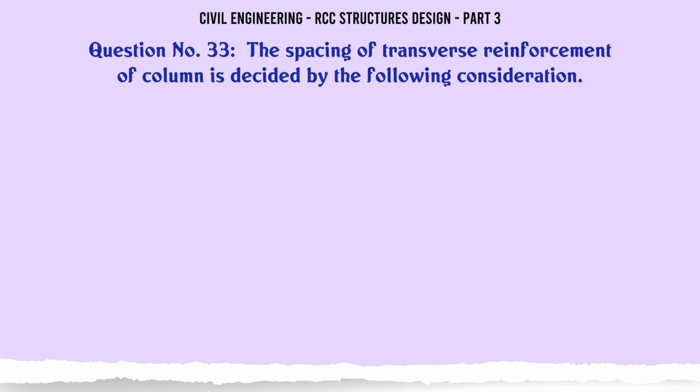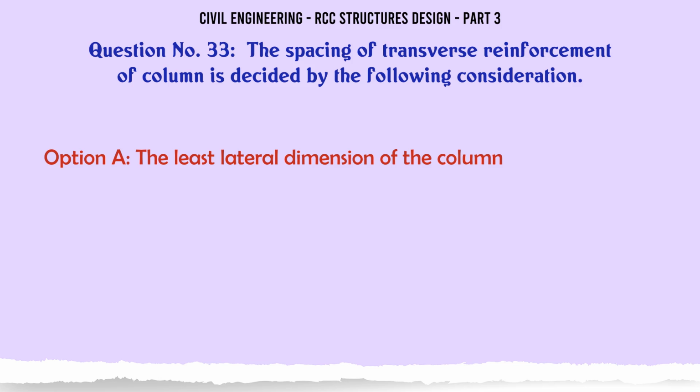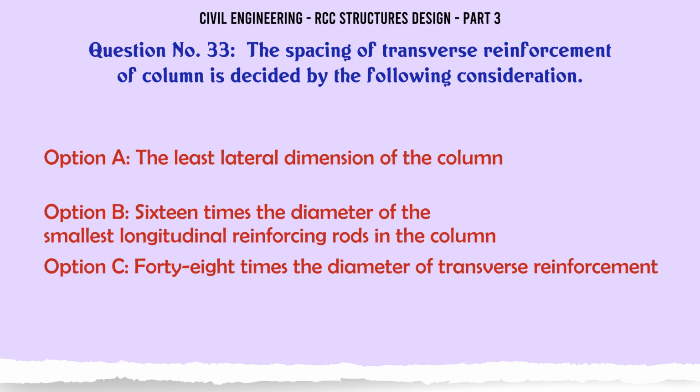The spacing of transverse reinforcement of column is decided by the following consideration. A. the least lateral dimension of the column, B. 16 times the diameter of the smallest longitudinal reinforcing rods in the column, C. 48 times the diameter of transverse reinforcement, D. all the above.